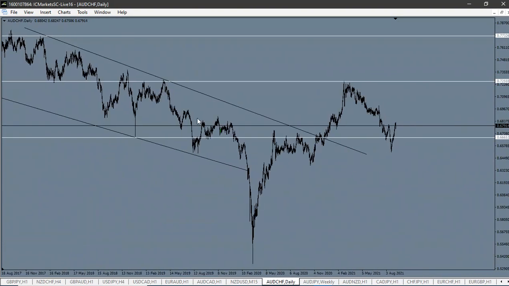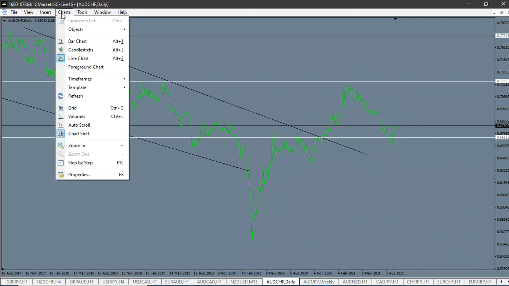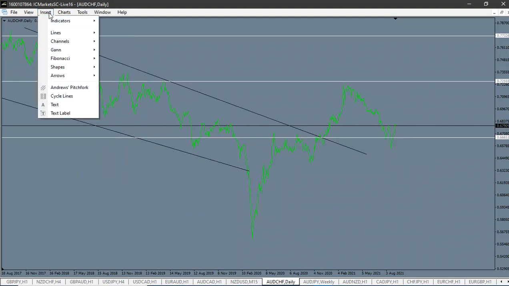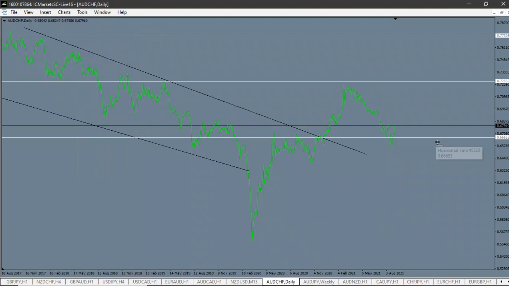On the daily time frame, as we can see, it becomes clearer now. This double bottom becomes clearer now. So what we have to do is go back to the line chart, make sure we mark our neckline, because this neckline will be a very important area where we'll be entering.